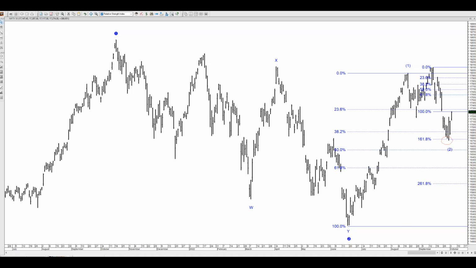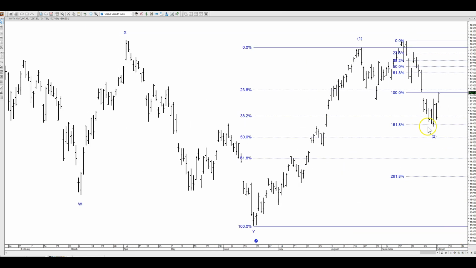A 1.61 times wave A was where wave C probably ended. And therefore, we were not selling into this decline. We were looking for opportunities to buy the decline. And in fact, we bought all of this last wave down. Obviously, we had to endure a little bit of pain, but as soon as we had a reversal bar, we bought through the subsequent decline.